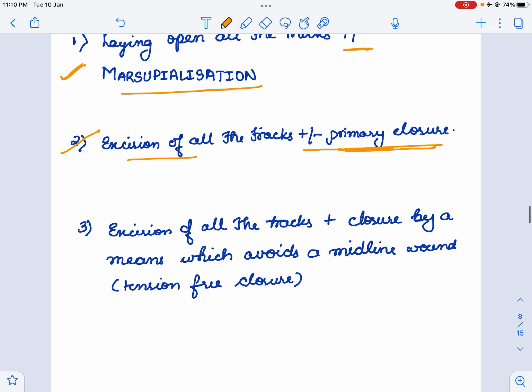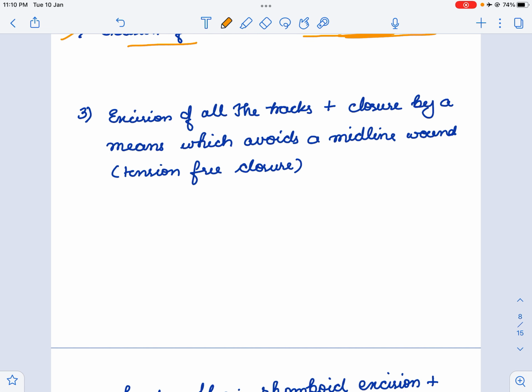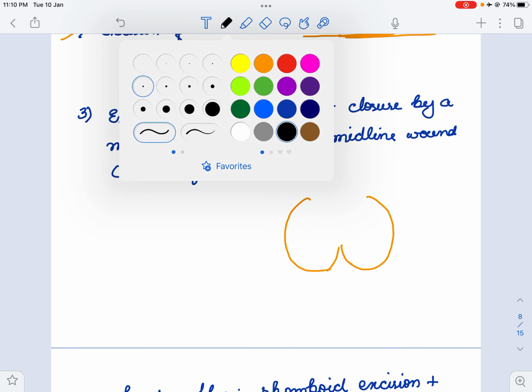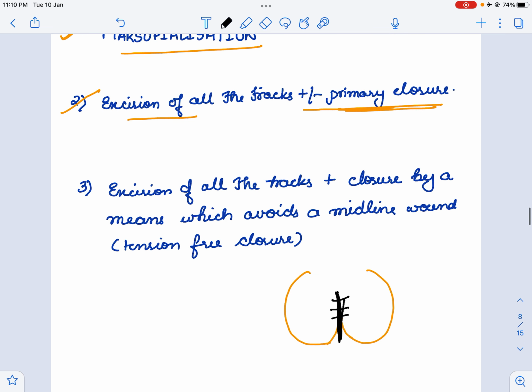Now, this is the gluteal cleft. Let me draw a nice diagram. Supposing you close it in the midline, then obviously there is tension over here, and because of the tension, it tends to recur.